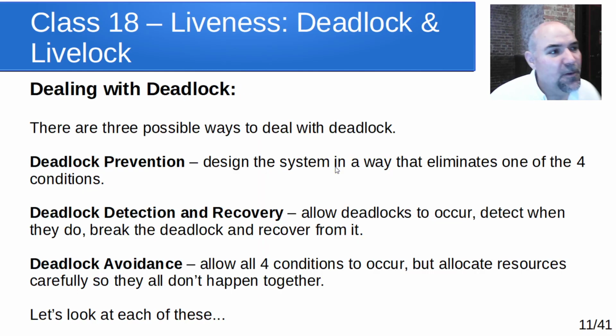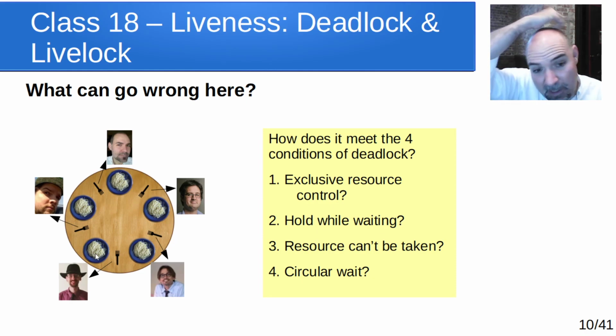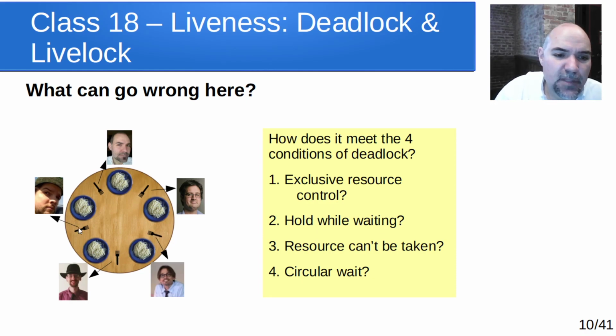All right, so how do we prevent it? One thing, this seems like a silly example, and it kind of is, but think about this as not necessarily being just resources like forks around a table, but as another kind of resource, like a certain process needs the camera and it needs the microphone in order to run, or a certain process that's doing some kind of GPU computing needs to access the graphics processor in order to do its computation, but other processes are vying for that as well.